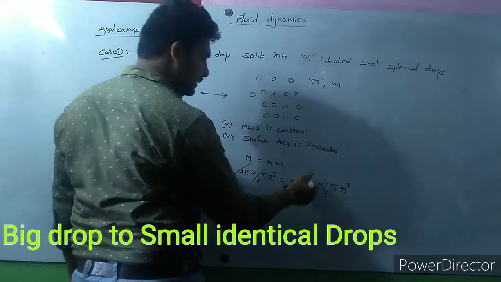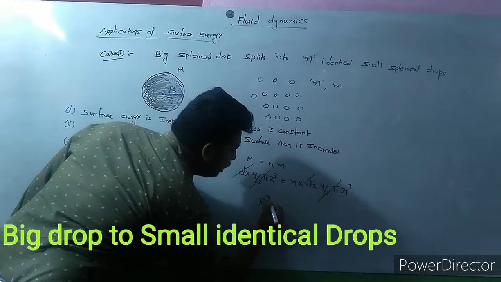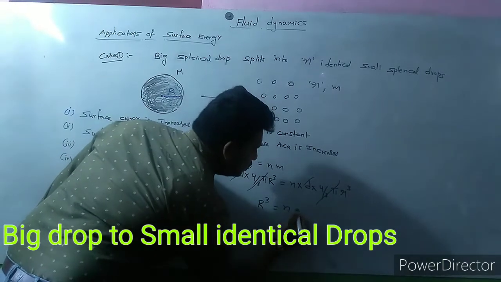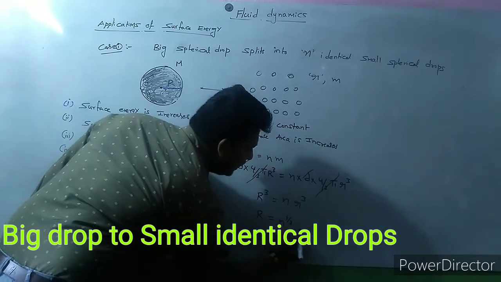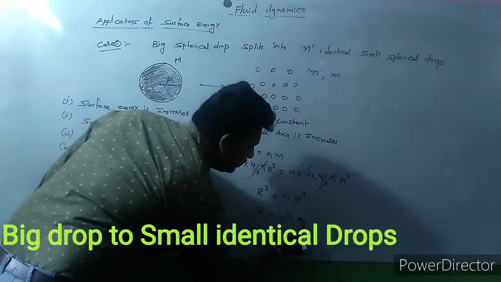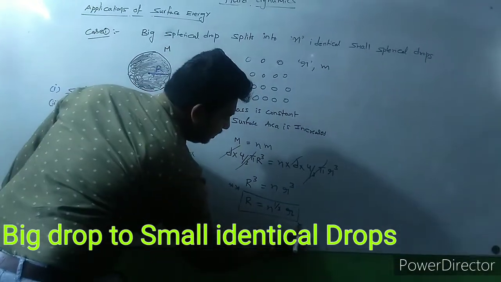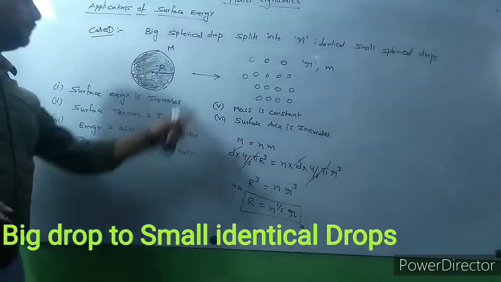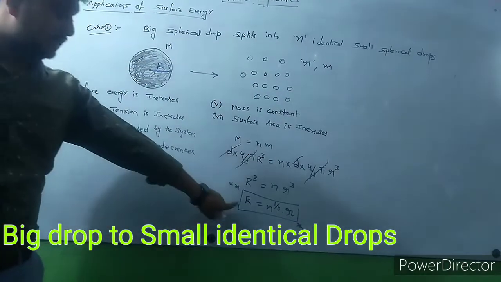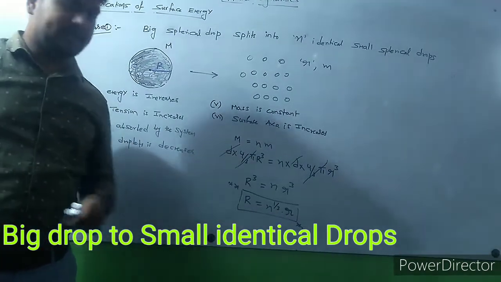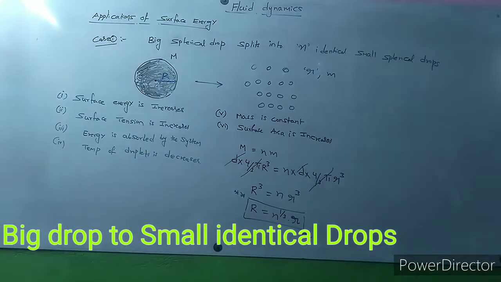Here density cancels, and 4 by 3 pi cancels. Finally, R cube is equal to n into r power 3. That means capital R is equal to n power 1 by 3 into r. So this is a very important formula, the relation between the big drop radius and the small drops radius: capital R is equal to n power 1 by 3 into small r.